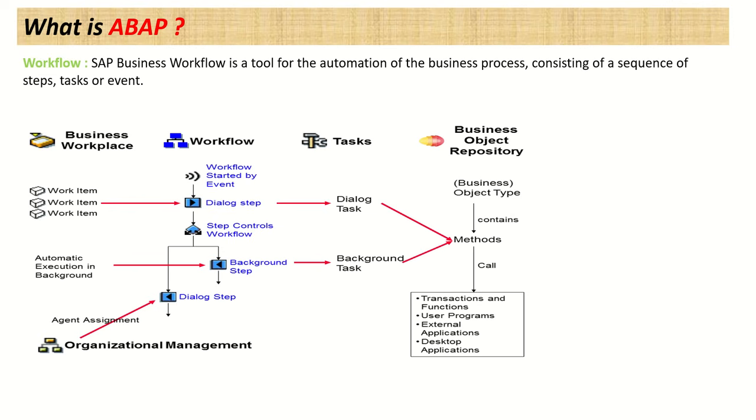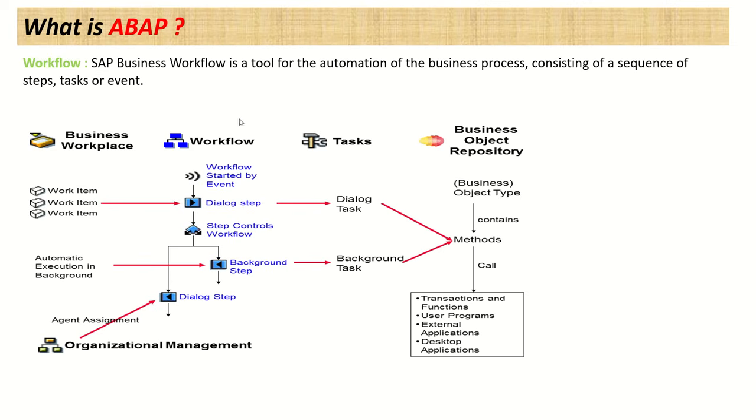There are many more topics out there, but as a beginner, we must know all those things. So what is the workflow? SAP business workflow is a tool to automate a business process. For example, whenever you're creating a purchase order, before sending it to the vendor, your business wants that purchase order to be approved by some higher level authority.